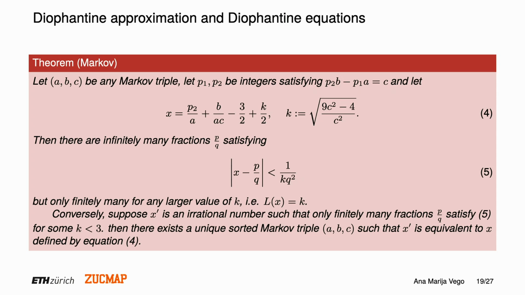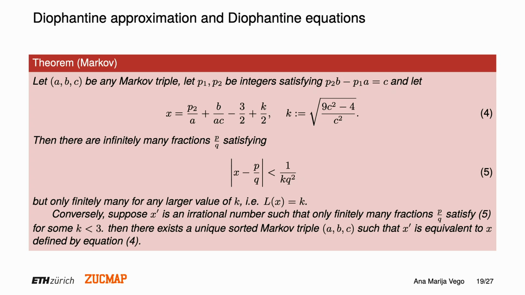In other words, this says that the Lagrange spectrum of x is given by k explicitly. And conversely, suppose that we take an irrational number such that only finitely many fractions satisfy this inequality up here for some k smaller than 3. Then there exists a unique sorted Markov triple such that this irrational number is equivalent to x given in this equation 4.